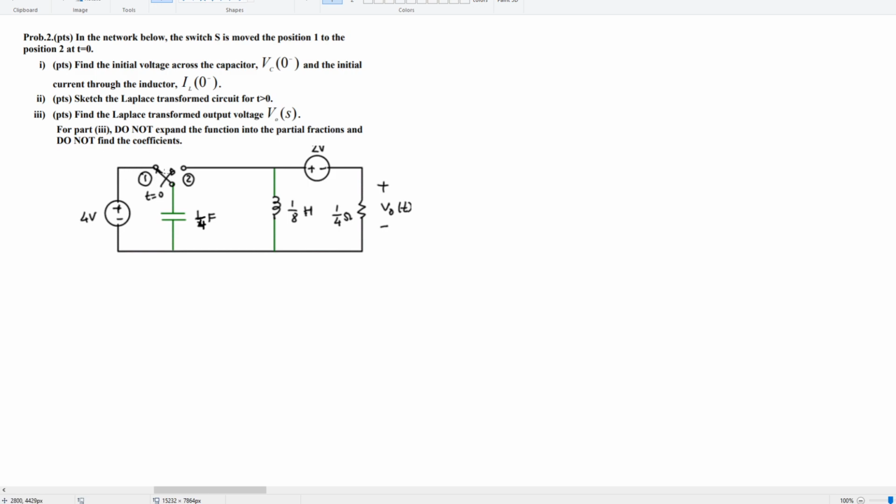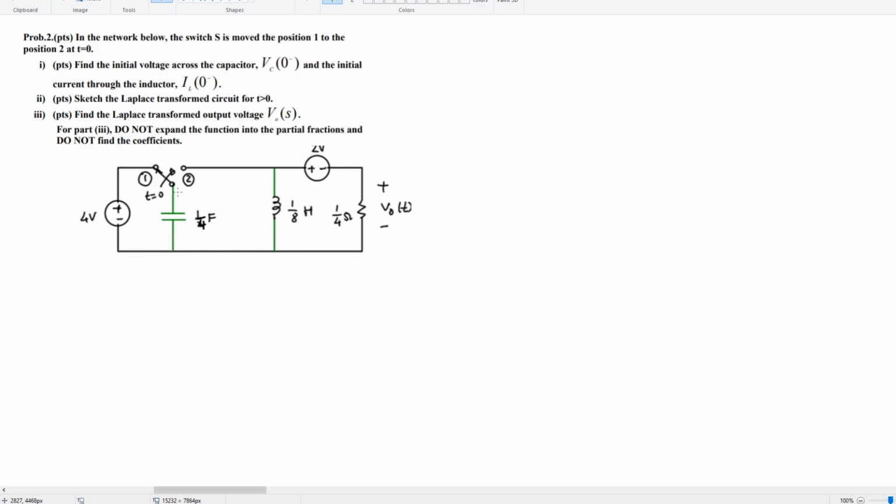Okay, so it's saying that this part over here is position 1, and then this part over here is going to switch to over here. I know a lot of you are taking circuits 2.